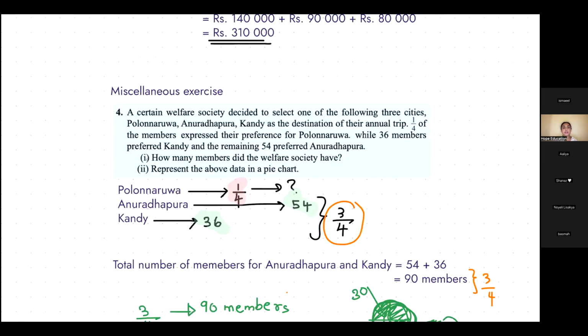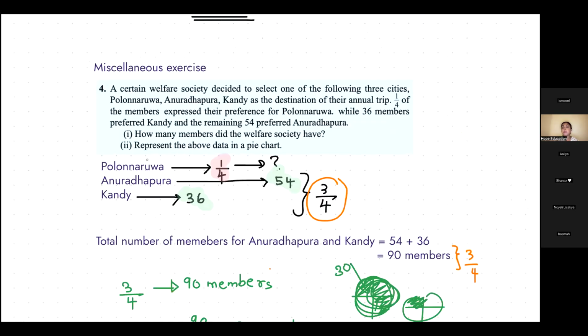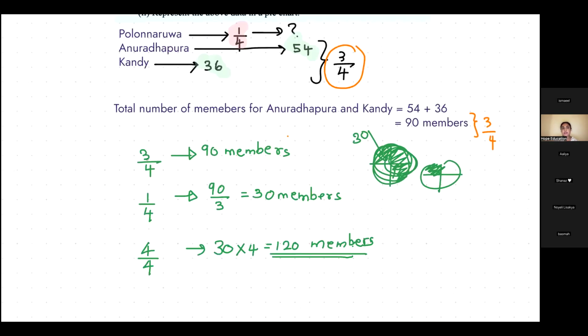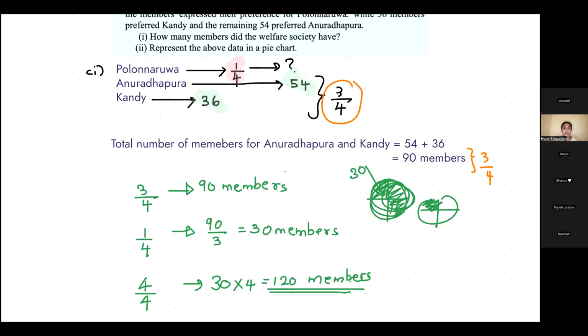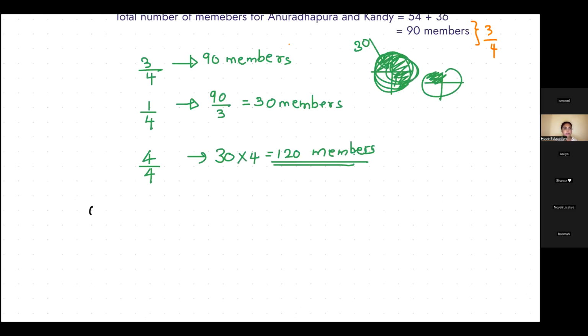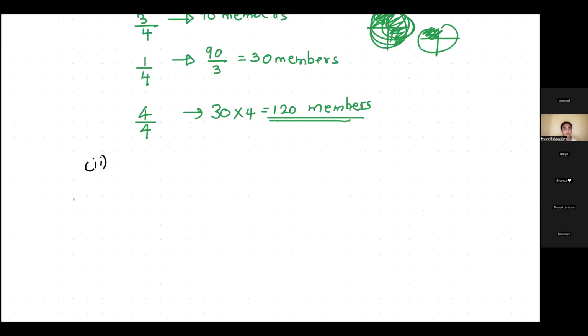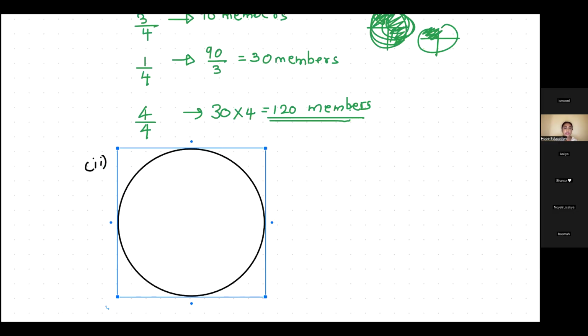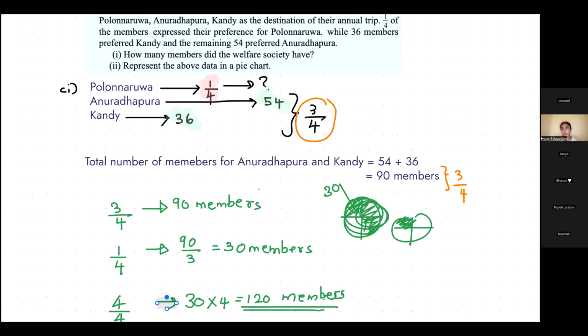Now let's move on to the second one: represent the above data in a pie chart. The first part is the difficult part. The second part is not that difficult, right? So we'll draw a circle. Now we know 1/4 is Polonnaruwa.